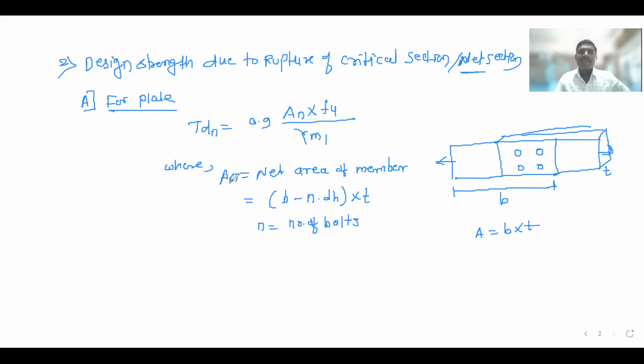So got it? How to calculate net area for plate? b minus n into d_h into t.